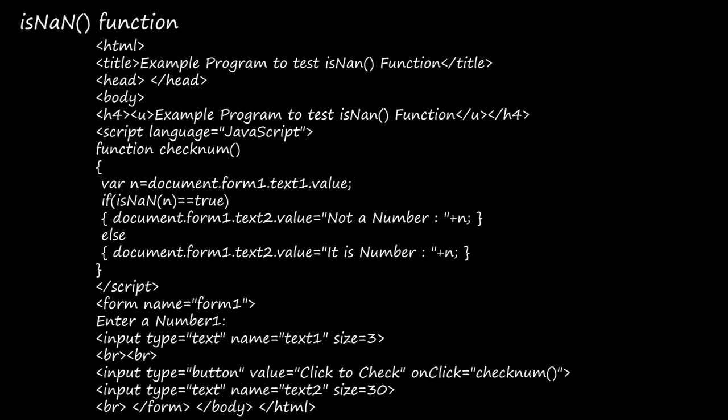Okay, so here we are giving the if section and else section. This isNaN function will be checking whether the given value or the variable is a valid number, and it will return the value, right? If it is true, the if section will be executing those statements, and if it is false, the else section will be executing the statements.